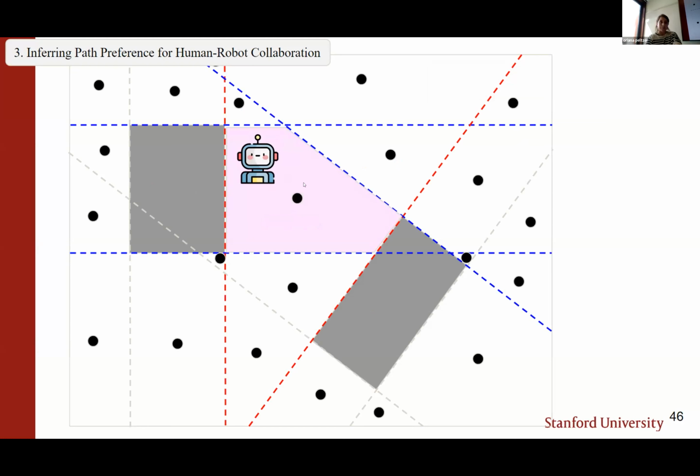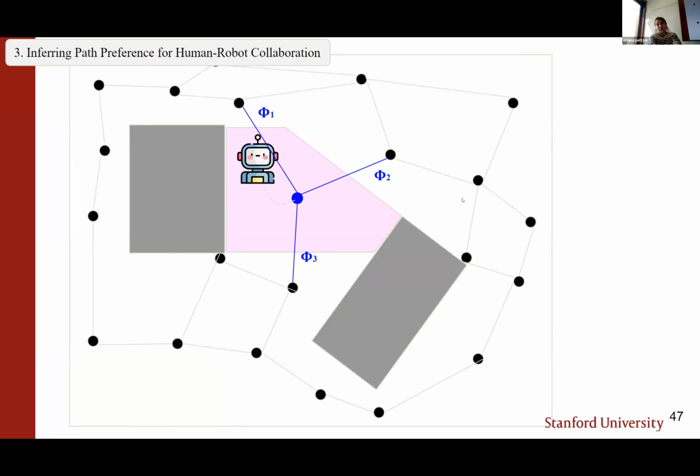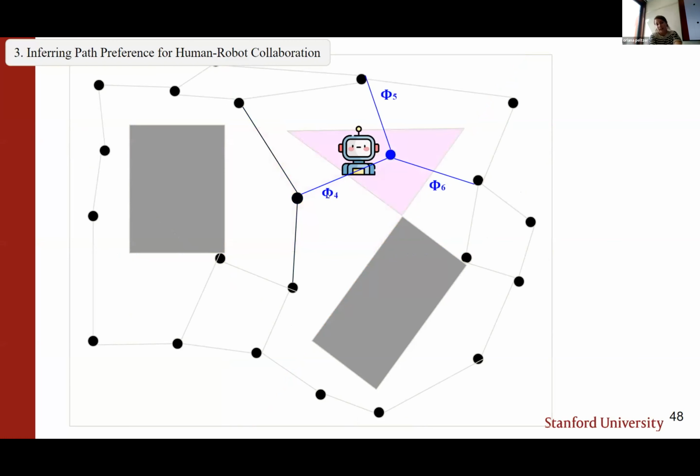There's work from Joe Vinson and Mick Schrager's lab on how to go from a hyperplane representation to a graph where all of the nodes represent polytopes and the edges represent transitions between polytopes that are next to each other. As the robot moves, it navigates on this graph along one of the edges.